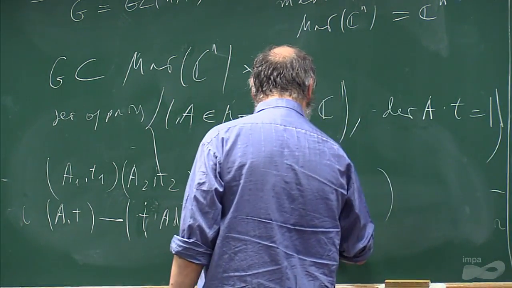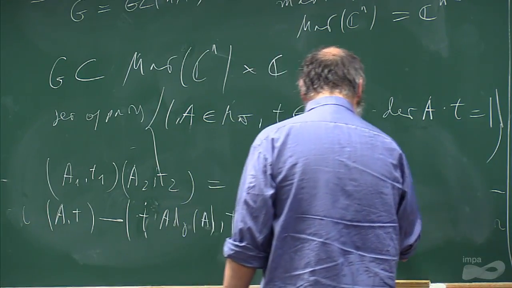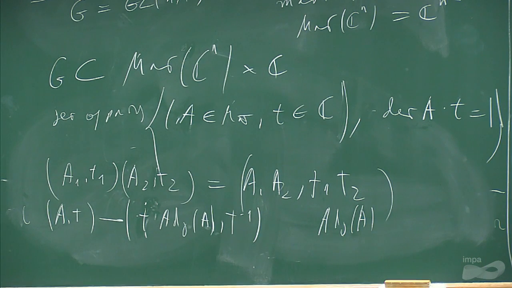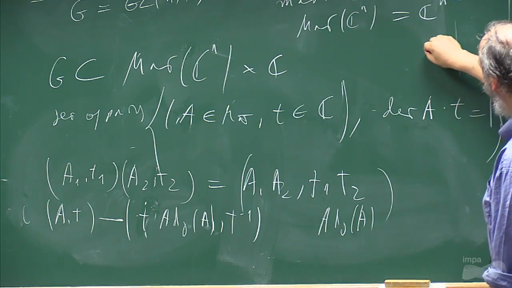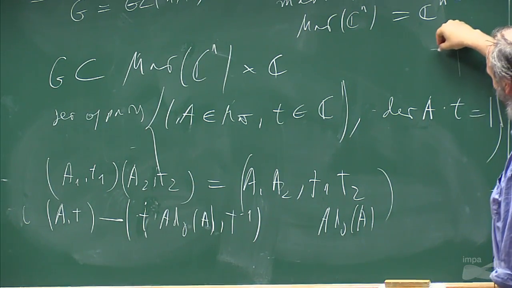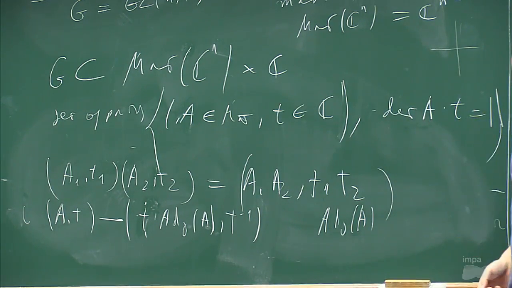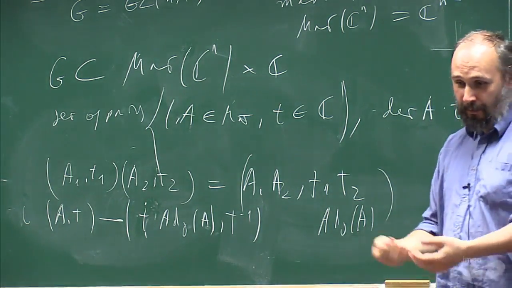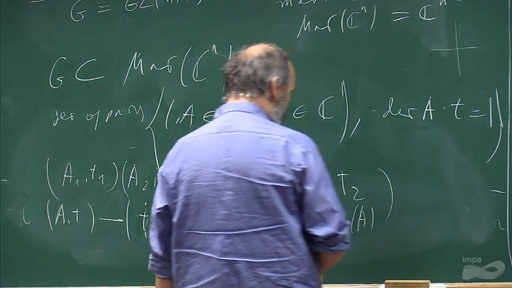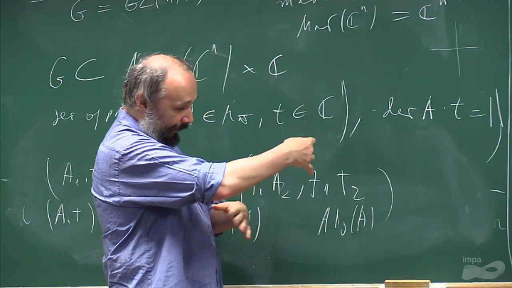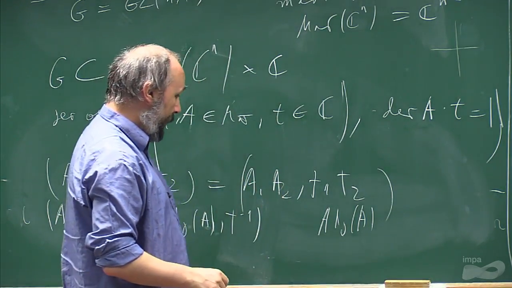Where adj of A is what is called the adjugate matrix. It's a matrix made from minors. So you take a matrix, you remove a row and a column. You obtain a matrix n minus 1 by n minus 1. You take its determinant. This is called a minor, and the matrix obtained from all minors is called the adjugate matrix.